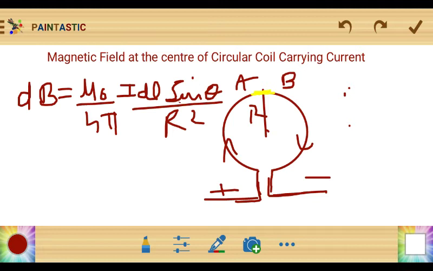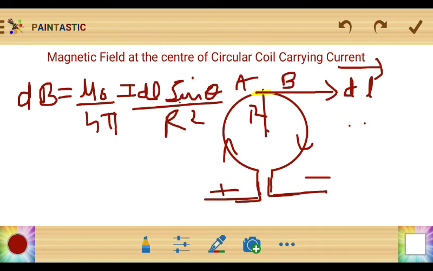Okay, but we have to find the magnetic field due to the whole circular coil, not because of this. But before we go for that, let us see the angle between the current element dl, which is a vector, and r.